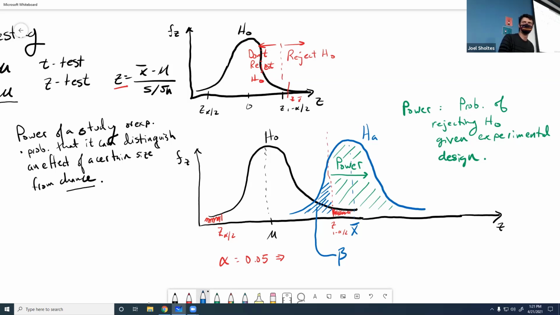So alpha is here, this is beta. What does beta represent? Power is 1 minus beta. If power on this side of the line says the probability that I correctly reject the null hypothesis, then what's the opposite of that?